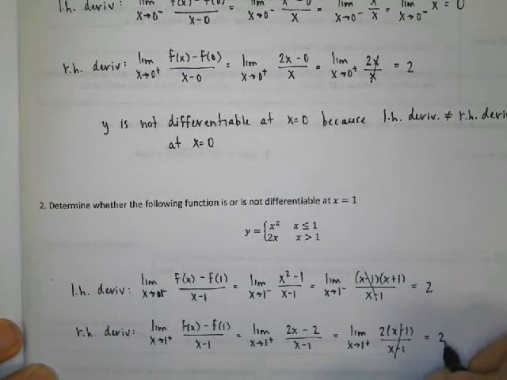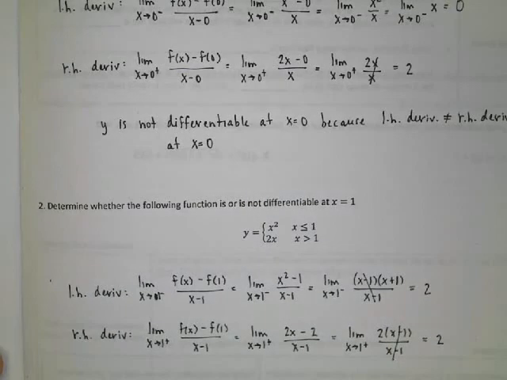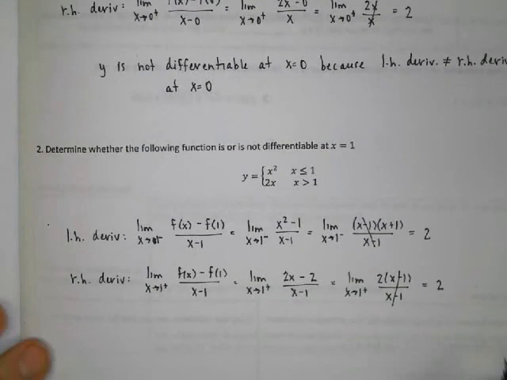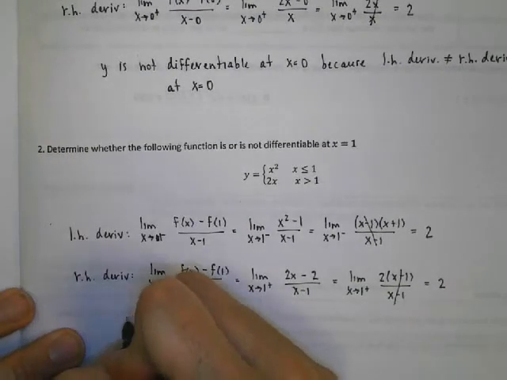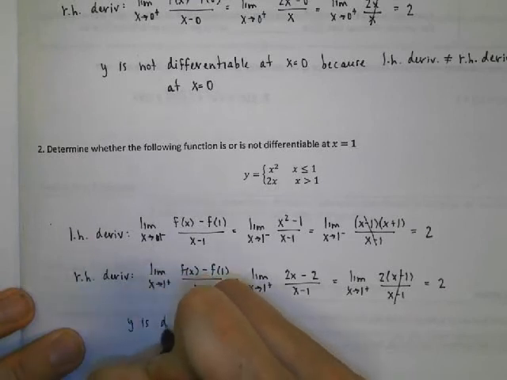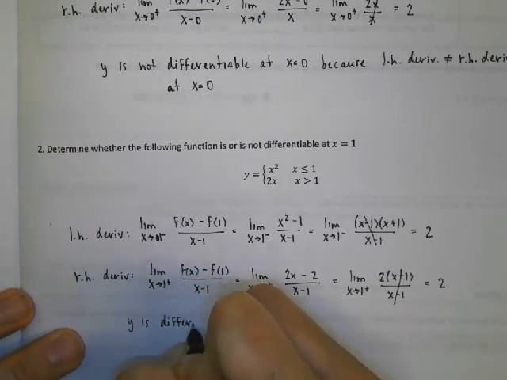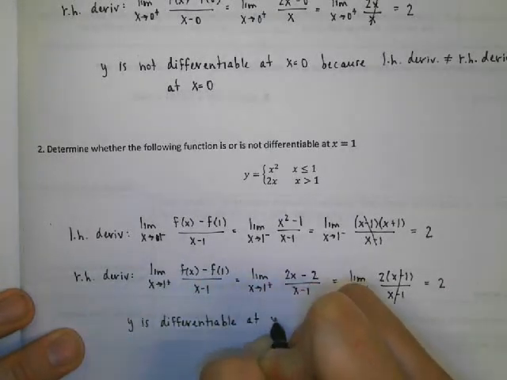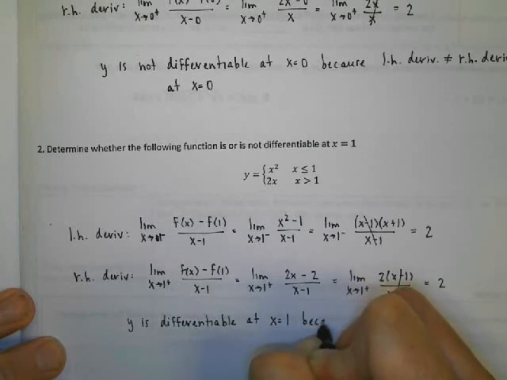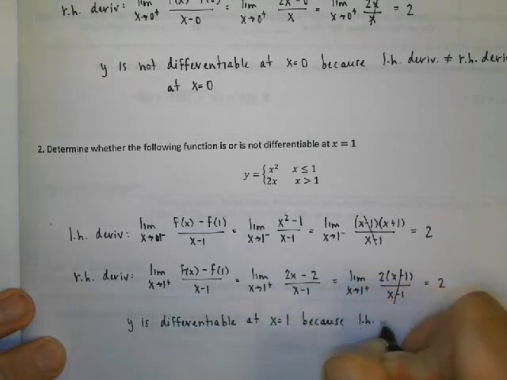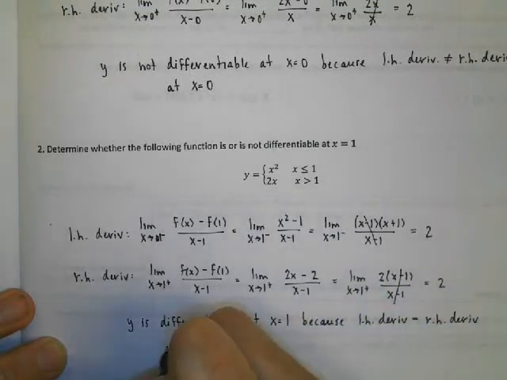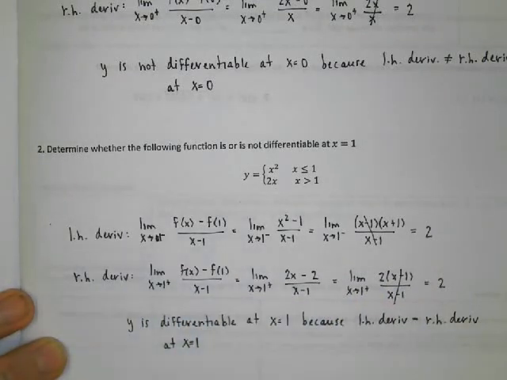And so my limit as I approach from the right is 2. So in this case, because my left-hand derivative is equal to my right-hand derivative, I know that my function y is differentiable at x equals 1 because my left-hand derivative is equal to my right-hand derivative at x equals 1.